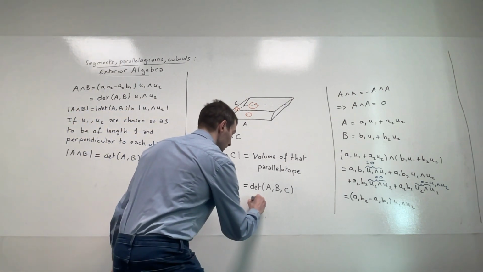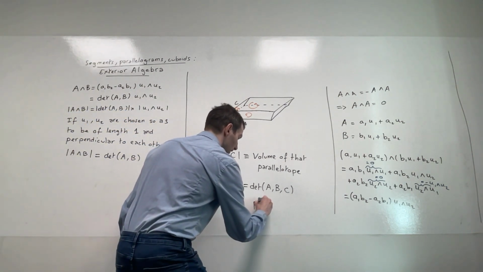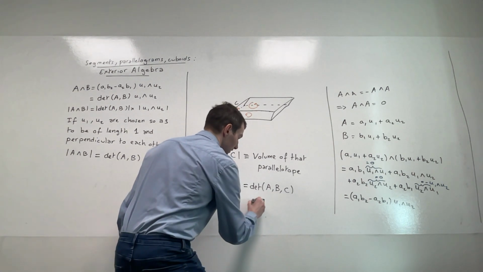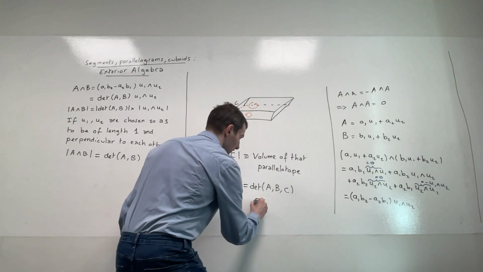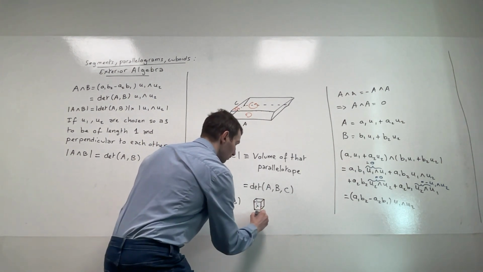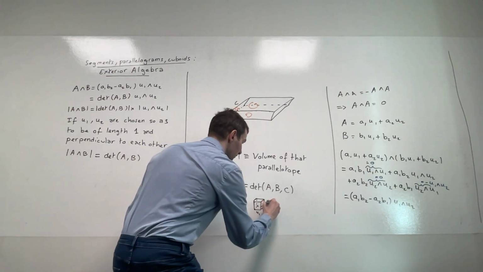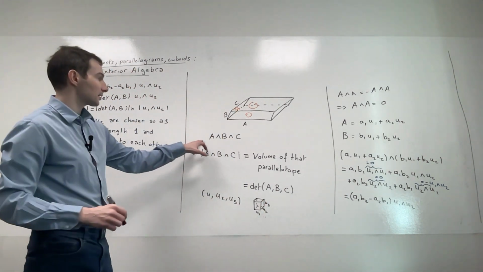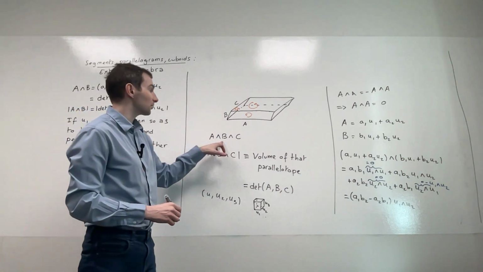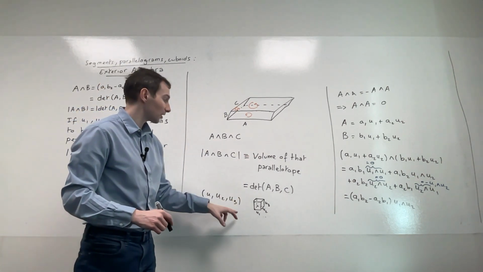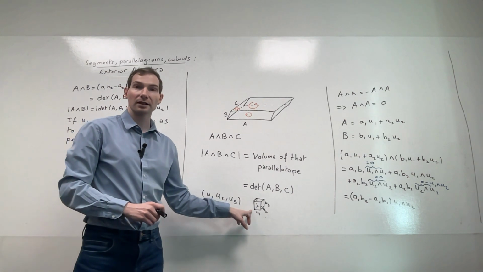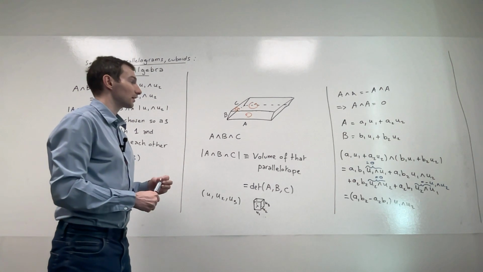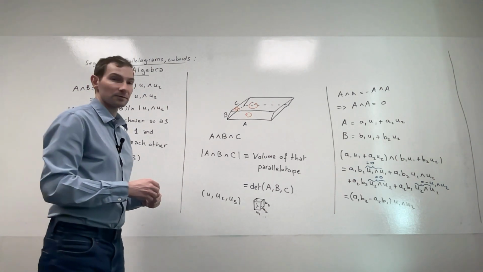So what that means is that you're going to have an elementary cube like this, and you've got here U1, U2, and U3. And basically what you say is that this actual object is the determinant of A, B, C, times that particular thing. So you can express all of this via these particular objects.